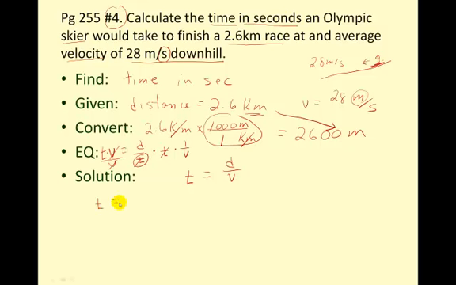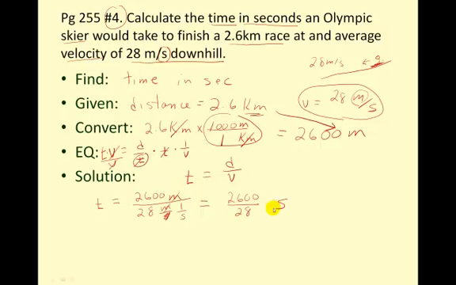So the time is equal to the distance, 2600 meters, divided by the velocity, 28 meters per second. The meters cancel, and since this is the same as 1 over seconds, the seconds come up, so now we have 2600 divided by 28 and actual seconds.